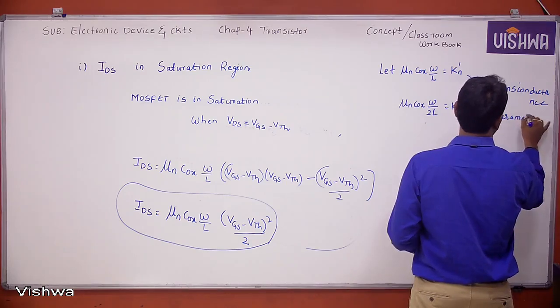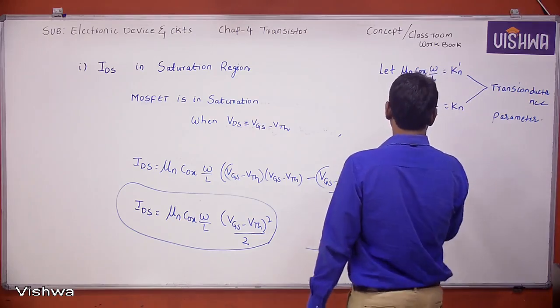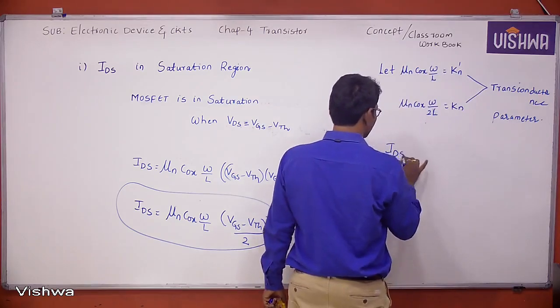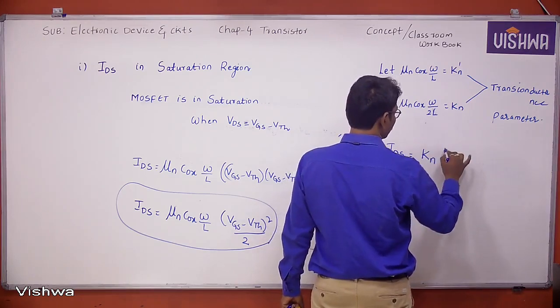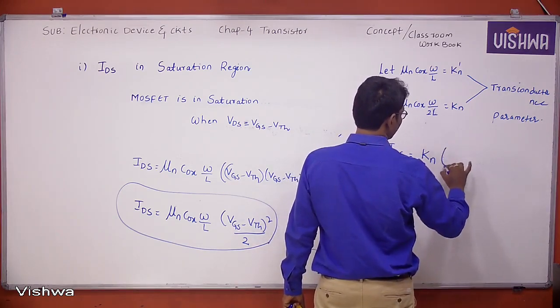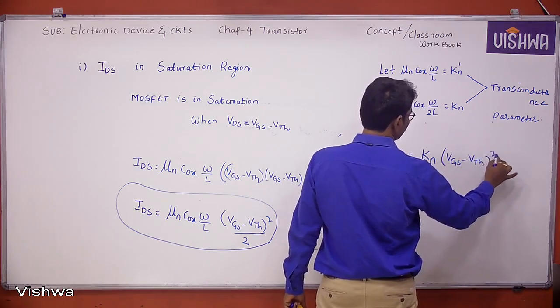Now what is the current equation in this case? IDS is equal to Kn into VGS minus VTH whole square.